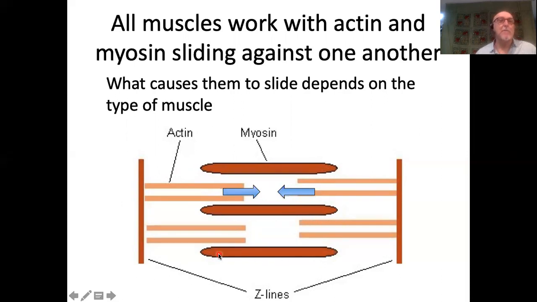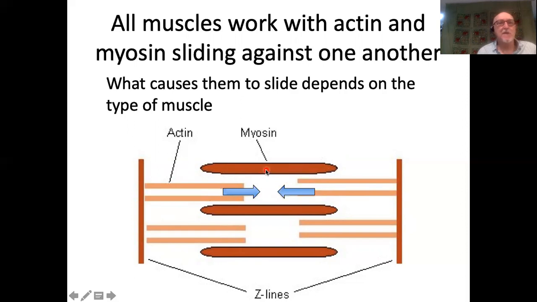Myosin is a motor protein. You saw motor proteins, we talked about them before. Motor proteins can walk along protein fibers like this, carrying things like a vesicle or an organelle. Myosin is just like that, except that myosin is fixed.